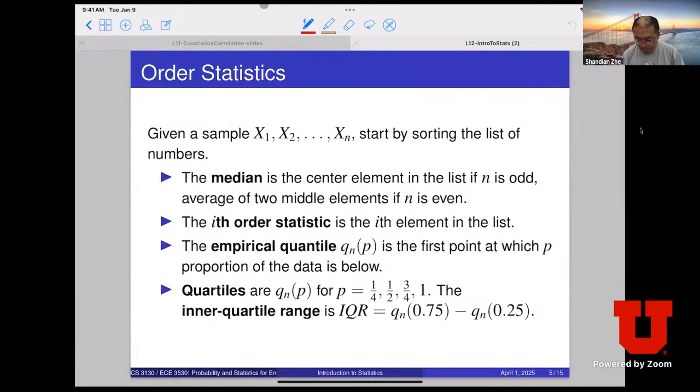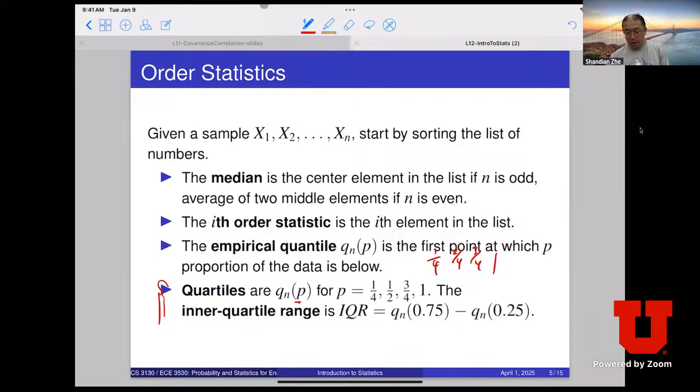And for historical or academic reasons, people also developed the so-called quartiles. What are quartiles? It just means you choose the empirical quantile at special values of P: 1/4, 2/4, 3/4, or 1.